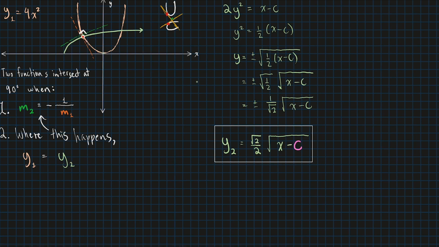And you can think about what would happen to the tangent lines and their intersections if you moved this green function left and right. There is no situation where the tangent lines at a certain x-coordinate intersect at 90 degrees, but the functions themselves don't intersect. There's no situation like this.